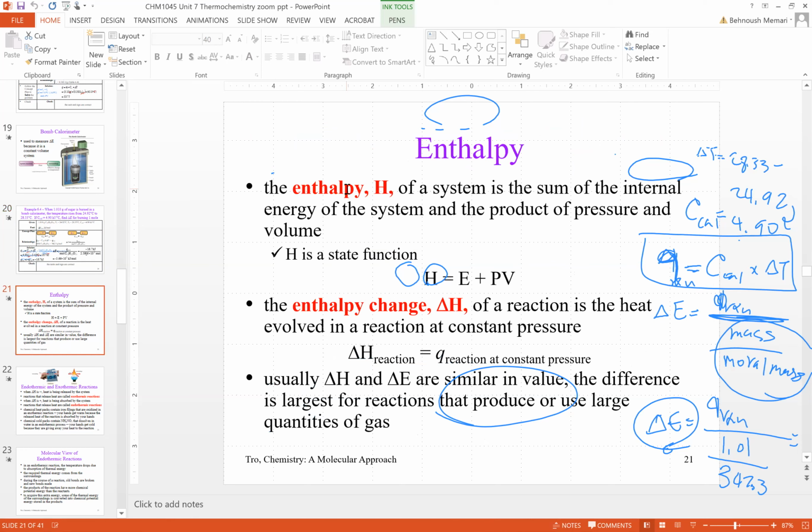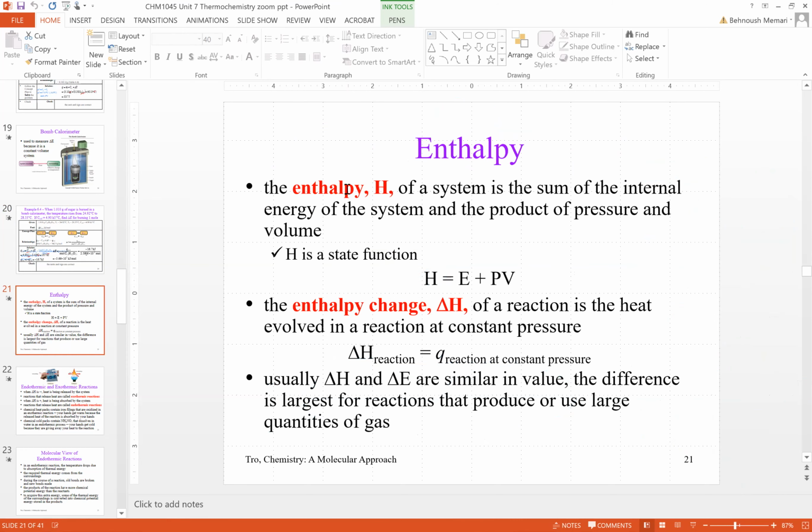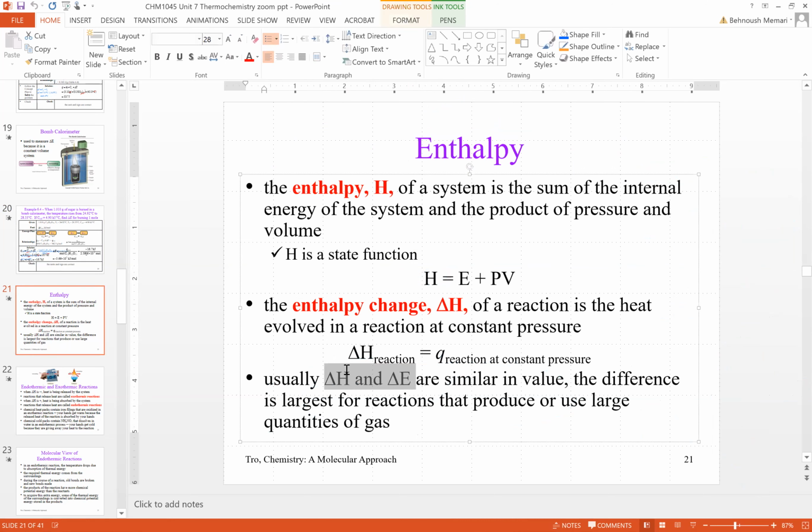Enthalpy of a system is the sum of the internal energy of a system. The change in enthalpy is basically the amount of heat for the reaction. So delta H for a reaction is the same thing as the heat of a reaction at constant pressure.